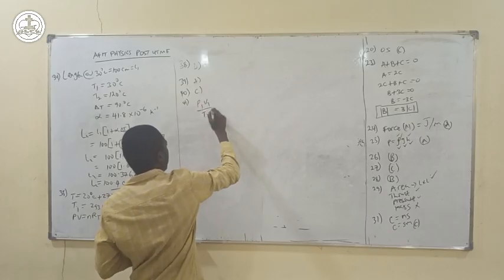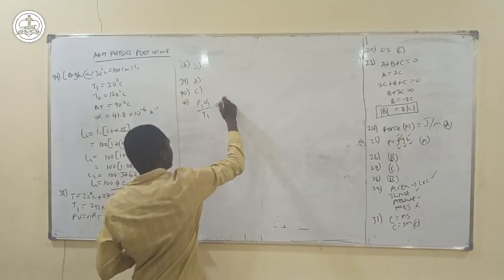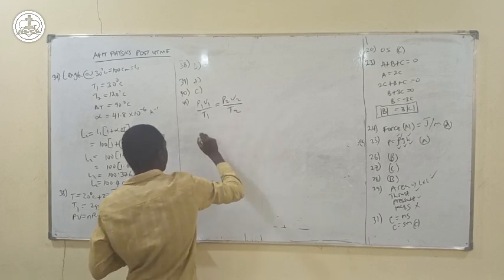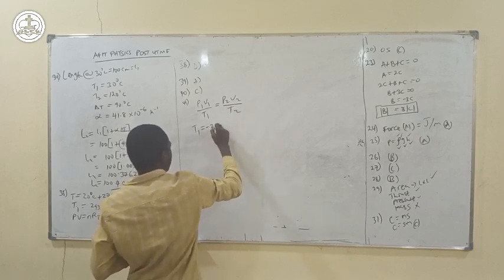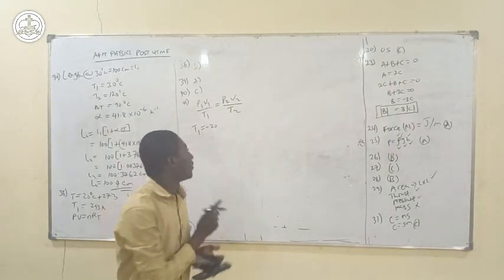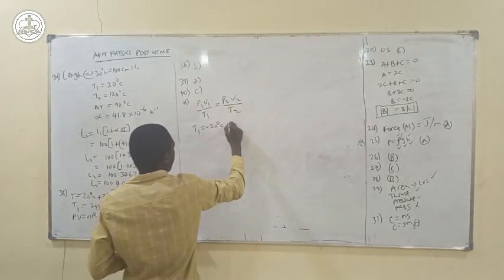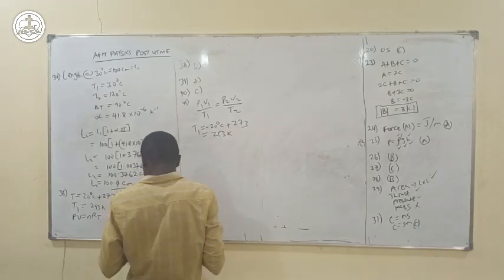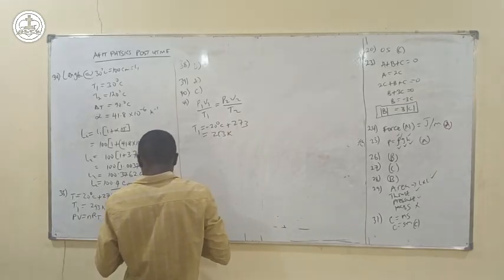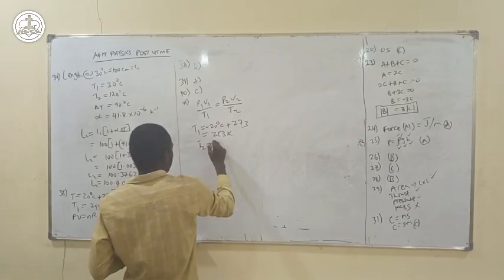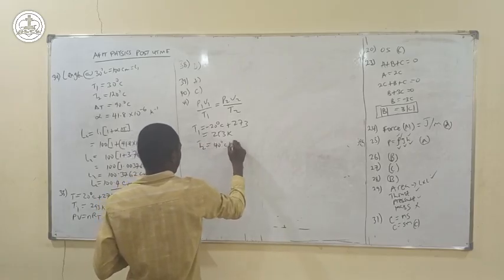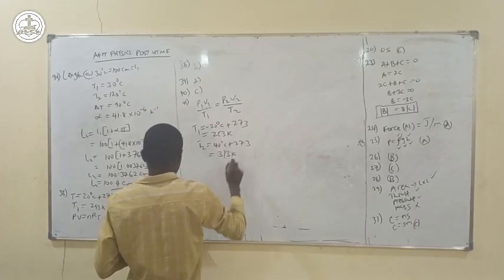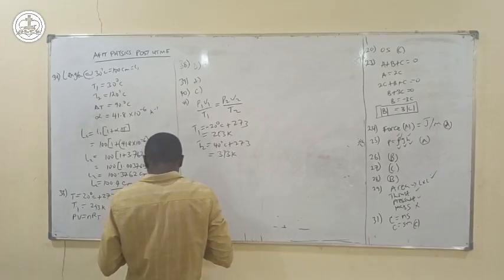P1 V1 over T1 is equal to P2 V2 over T2. T1 is equal to minus 20. Remember, convert to Kelvin. Minus 20 degrees Celsius plus 273 gives you 253 Kelvin. And T2 is equal to 40 degrees Celsius plus 273, which gives you 313 Kelvin.